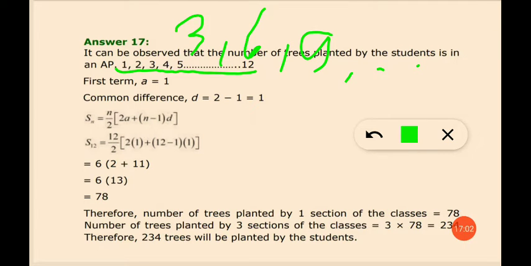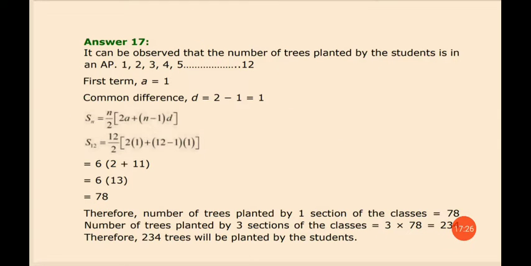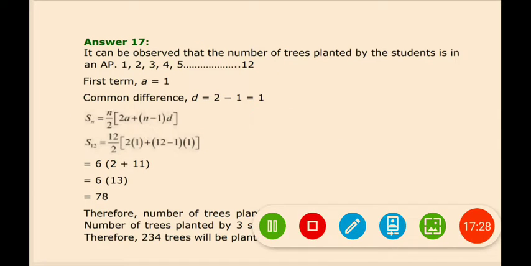If we take that, we will directly get our answer 234. They solved it for one section, so they got 78, and for 3 sections they multiplied by 3. But what we have done is we have already taken 3 sections.